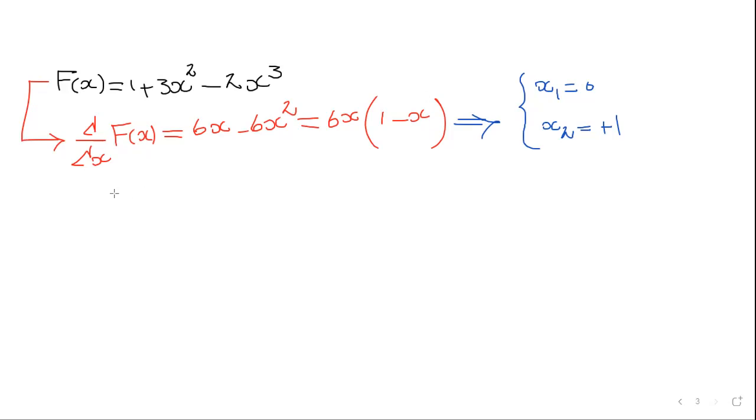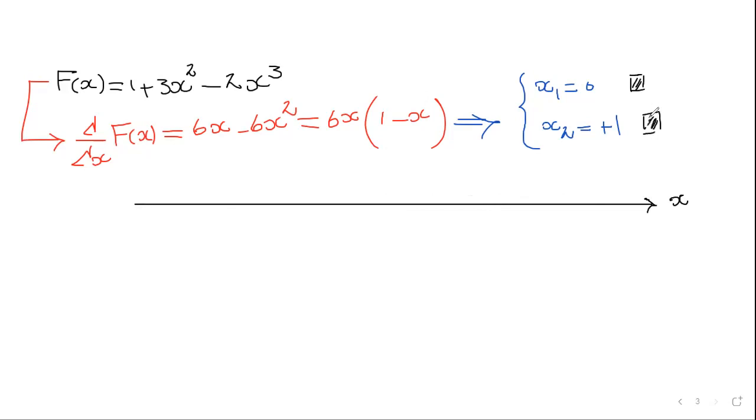In order to create the sign table, I arbitrarily draw an x-axis. On the x-axis, I highlight these two critical points which I have. Please take a note if the concept of the sign table is not familiar to you. Take a note at every step which I'm doing, and because this video is recorded, you can go back and watch this.